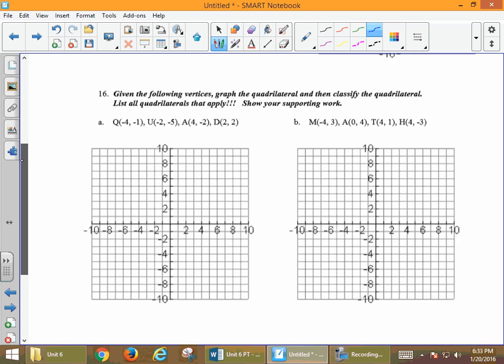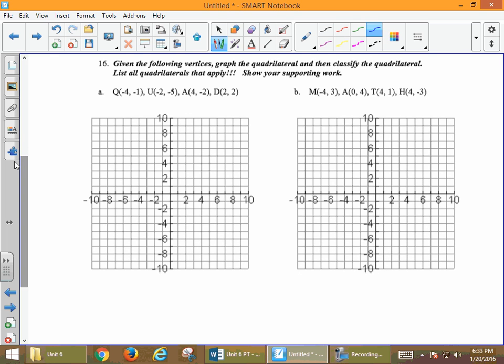The last two, looking at 16 and 17. Given the following vertices, graph the quadrilateral, classify the quadrilateral, list all quadrilaterals that apply, and show your supporting work. All right, so in part A, I'm going to start by first plotting these points. Let's graph.